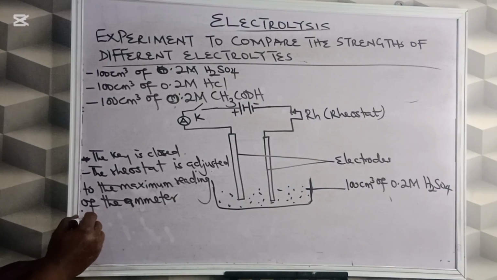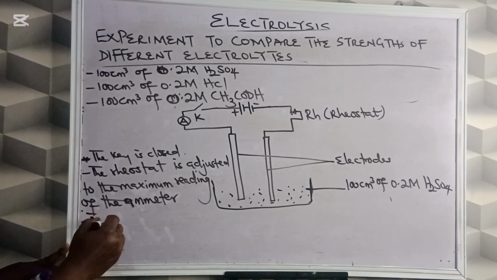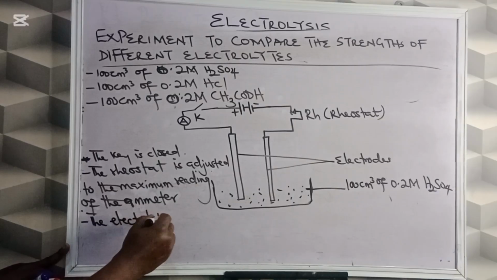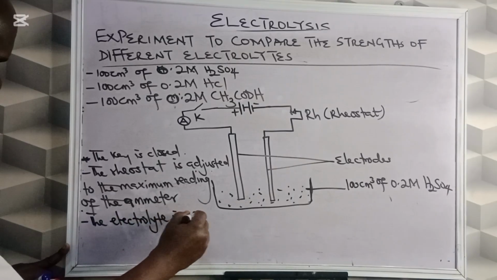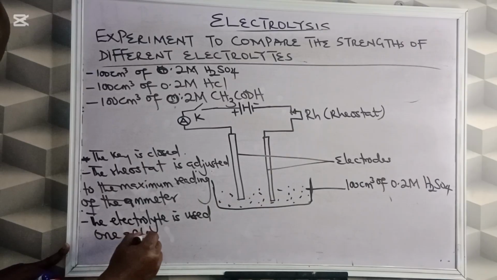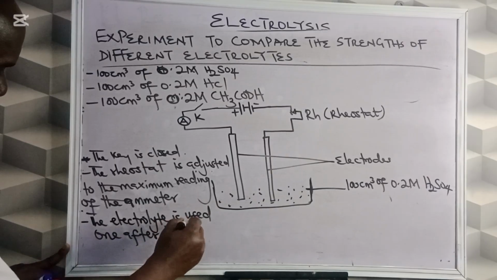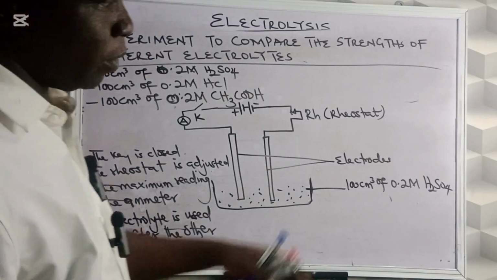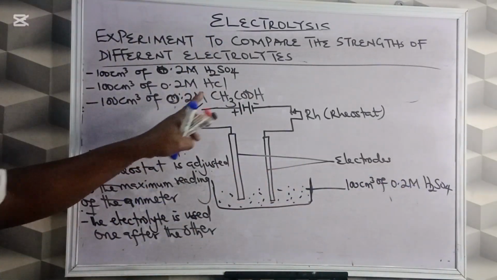The electrolytes are used one after the other. Meaning you first of all use H2SO4, followed by HCl, followed by CH3COOH.